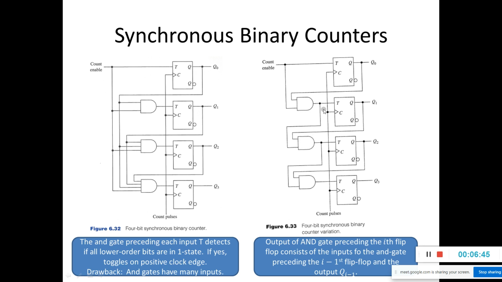Here also, in the last flip-flop, the output of the second AND gate and the output of the previous flip-flop are the inputs. So the output of the previous AND gate is connected as the input to the next AND gate, and Q2 is connected.